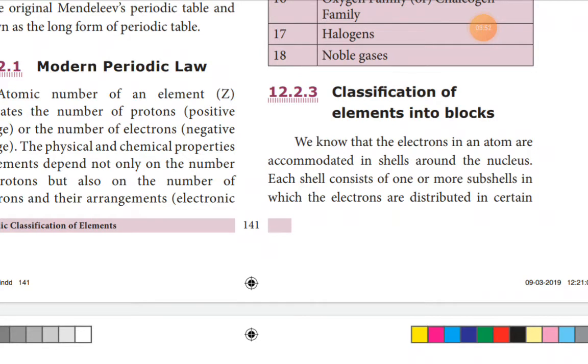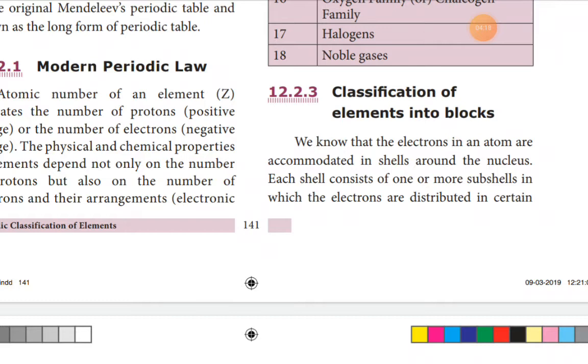We also learned about the primary shells K, L, M, N, O. These primary shells are used to locate the electrons based on the formula 2n squared.